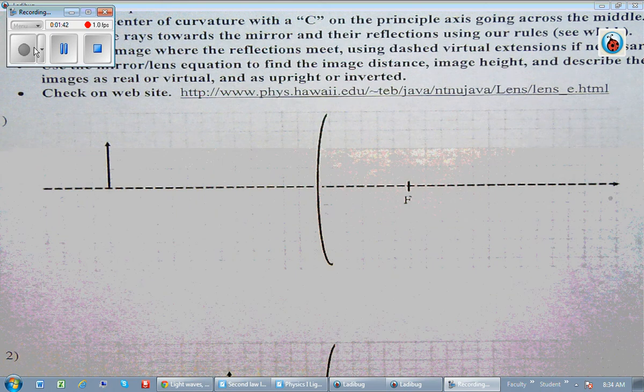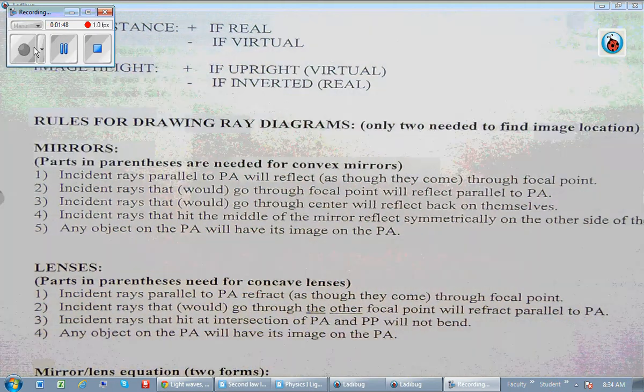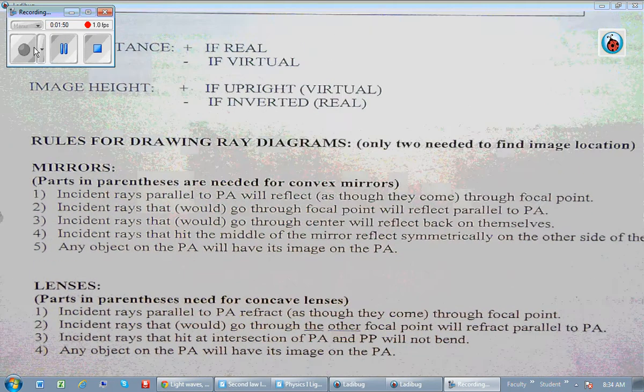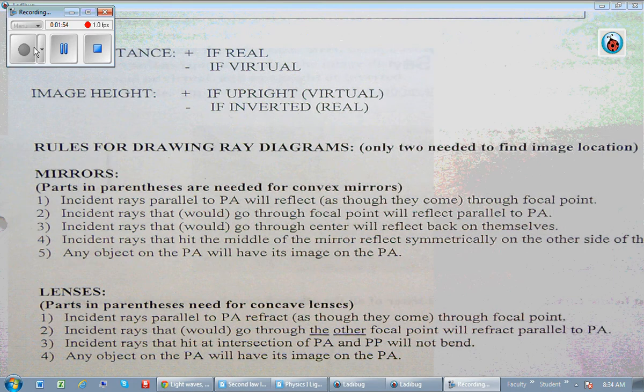It would also be helpful if you had nearby this page here. This is S27. It's got some of what we call sign conventions. That tells us how we assign positive and negative signs to the values in the math, and also tells us something about the meaning behind those. It's got the rules for how we draw the light rays in the concave and convex mirrors.